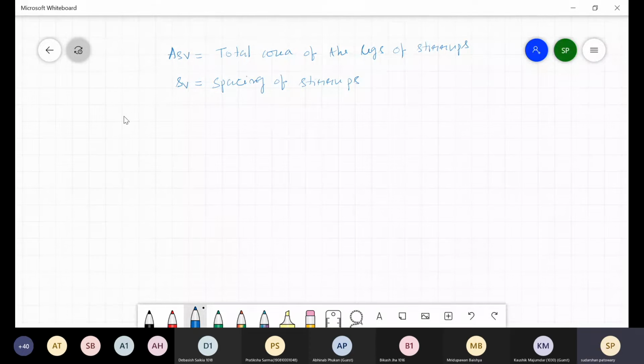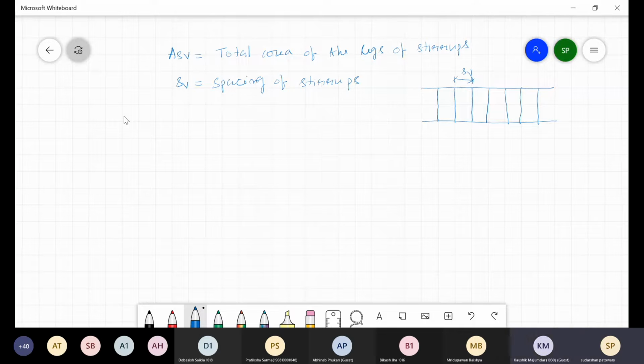Spacing of stirrups means, suppose these two are the main reinforcement and you are providing stirrups like this along the beam. So this distance is your SV. Clear?